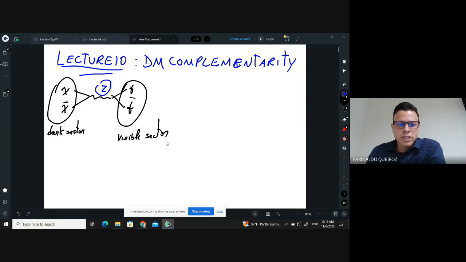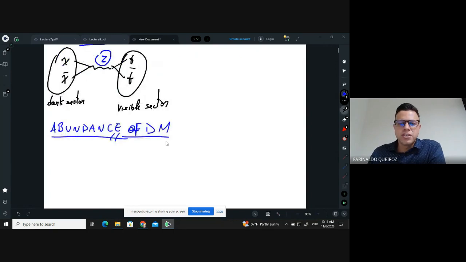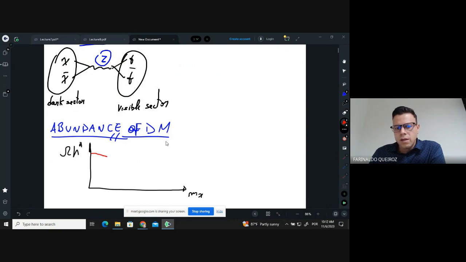The first thing I'm going to cover is the abundance of dark matter. In this case, it will have a feature like this. When you plot omega h squared as a function of the dark matter mass, you're going to see something like this. It starts with a very large abundance and then starts decreasing with the mass.